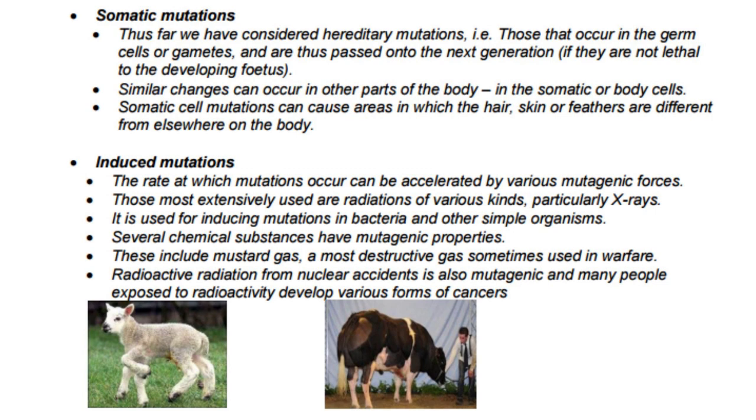Several chemical substances have mutagenic properties. These include mustard gas, a most destructive gas sometimes used in warfare. Radioactive radiation from nuclear accidents is also mutagenic, and many people exposed to radioactivity develop various forms of cancers.